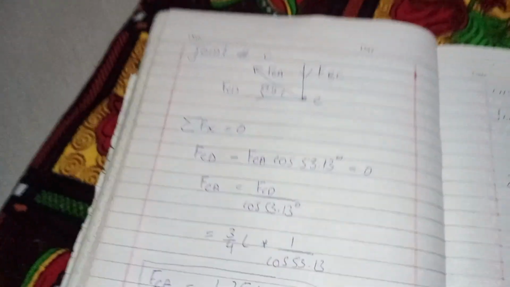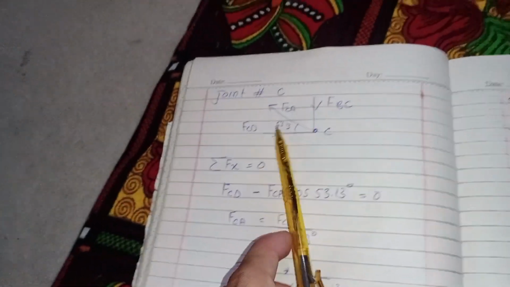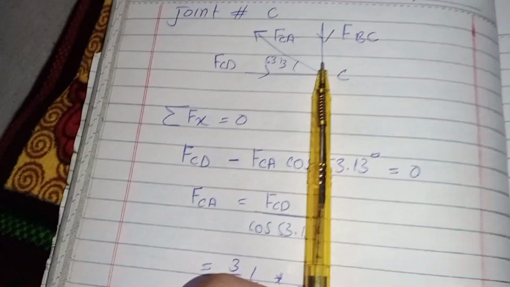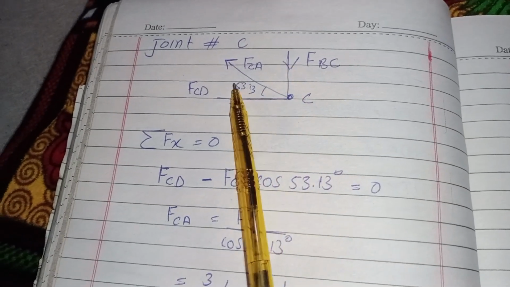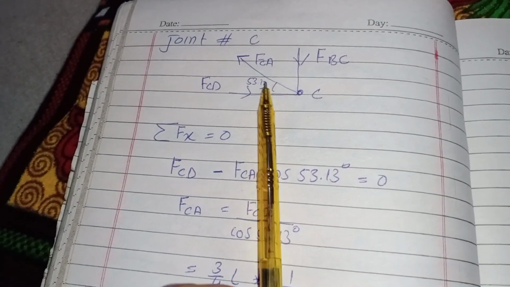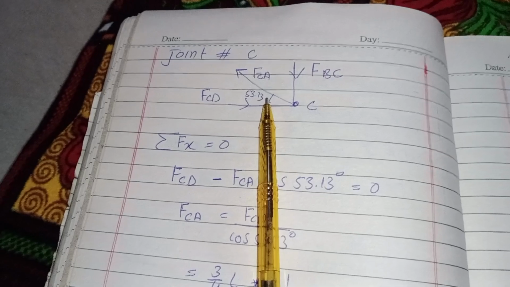Okay. Now I want to analyze joint C to calculate forces in all these members. There are three forces acting on this joint, and I calculate this angle from the tangent.